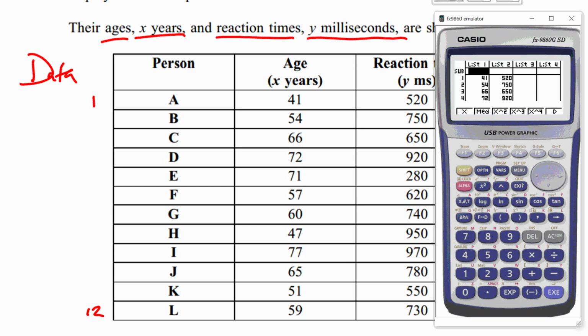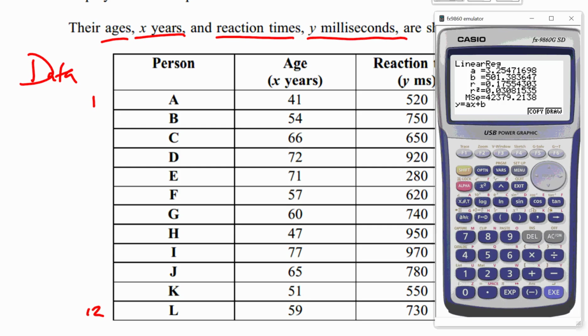Then we can firstly look at it as a graph. There's our scatter diagram. We can then calculate the linear correlation. On your calculator you'll get a choice of whether to do the regression as A plus BX or AX plus B. Usually we'd advise you to do A plus BX because that's what you're used to.